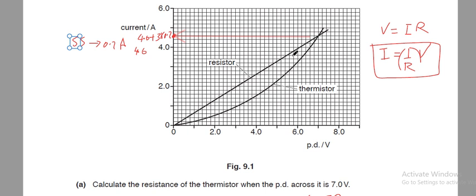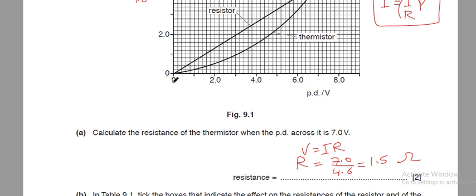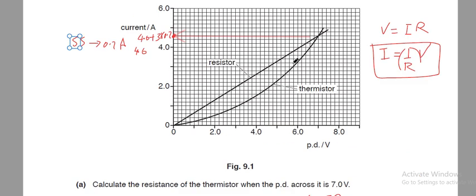So the slope of this graph represents the inverse of resistance. As potential difference increases from 0 to 7, we have for the resistor a straight line, so the slope is constant and the inverse of resistance is constant, so the resistance itself is constant.